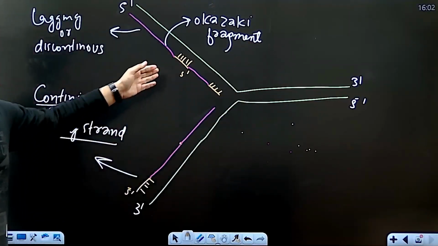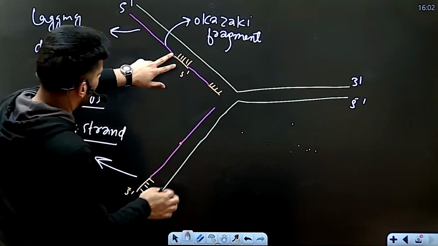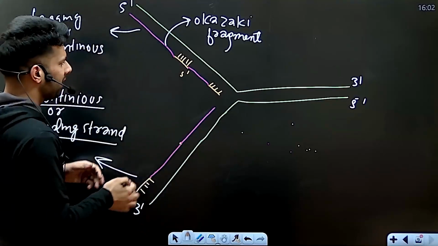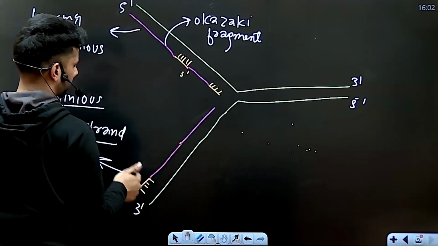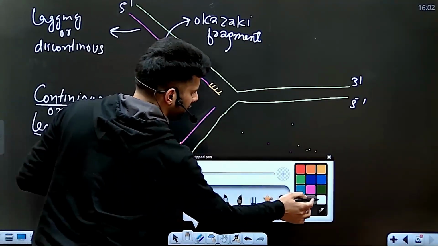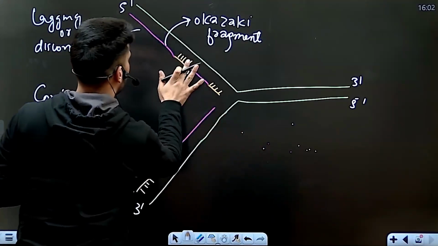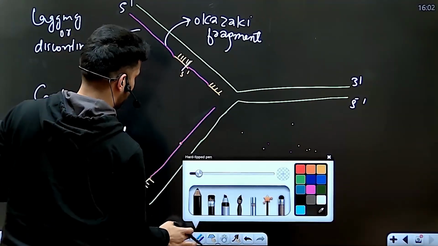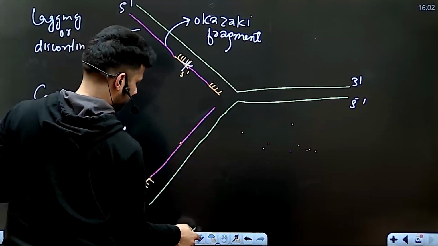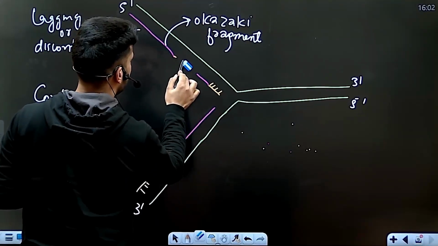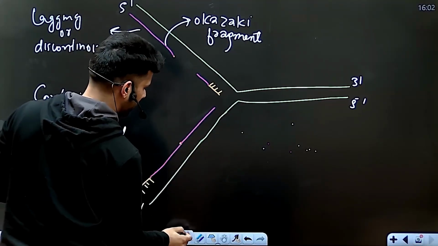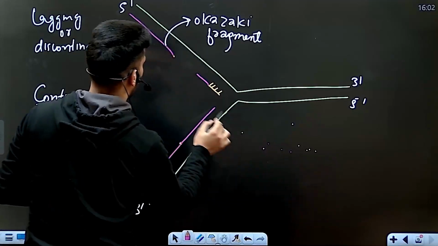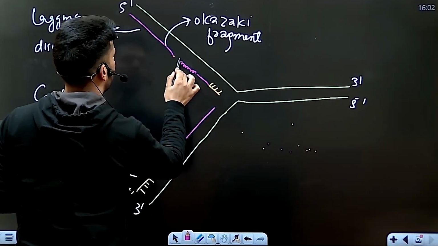Then another DNA polymerase will come, which will remove these fragments and then resynthesize DNA on it. So DNA polymerase 2 in the case of prokaryotes will come and remove these primers. So there will be removal of the primers, and after that there will be resynthesis of the DNA.